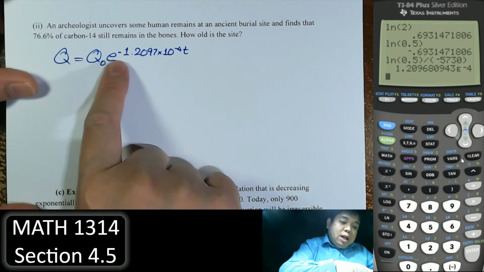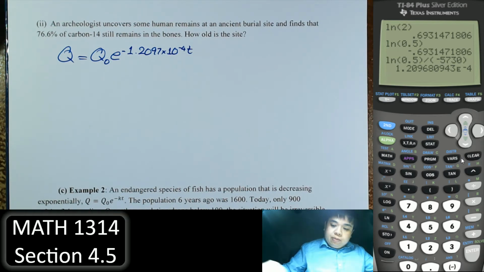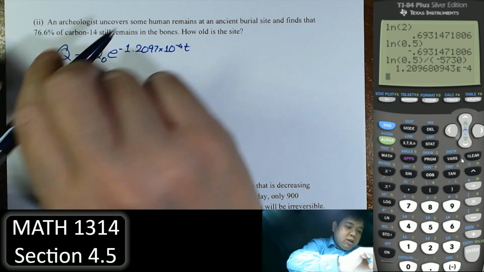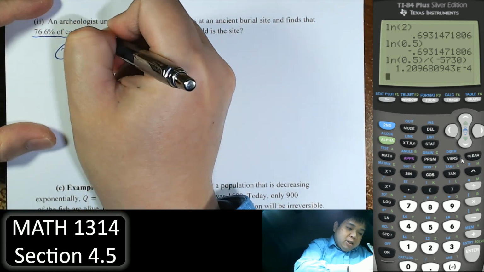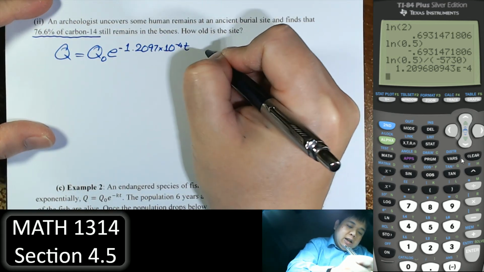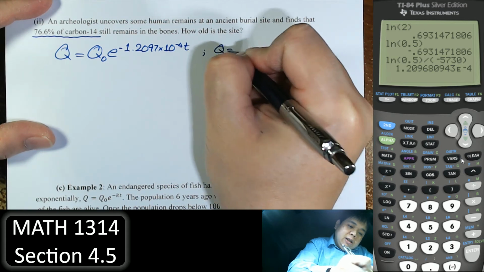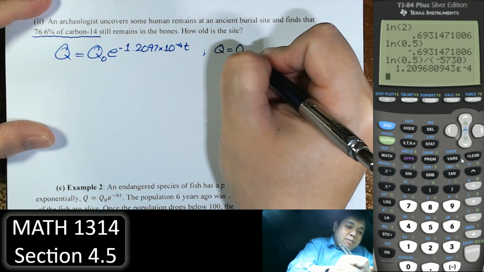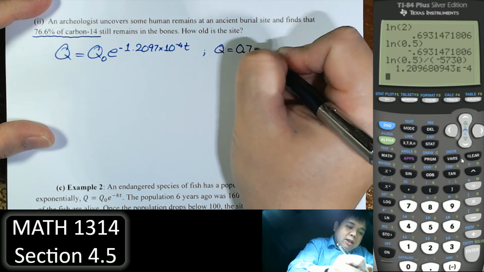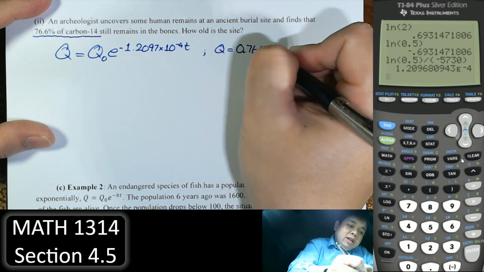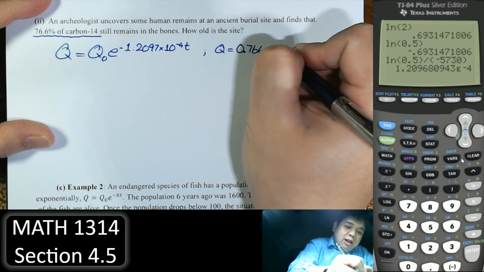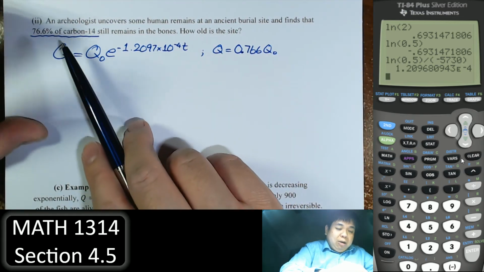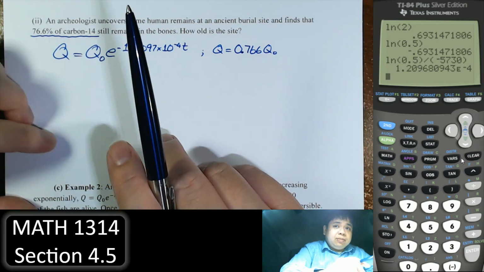So now suppose that in the burial site we have carbon-14 at 76.6%. That means it has 0.766, that's 76.6% of the original amount. So over time, the amount of carbon-14 decayed.